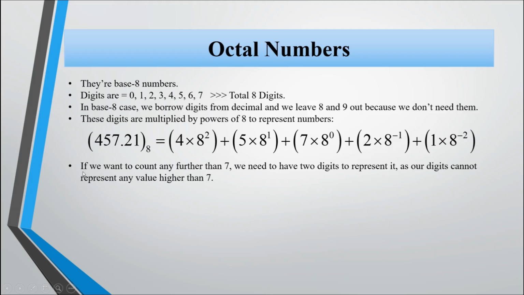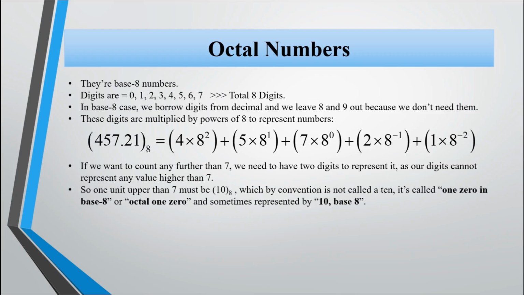So if we start counting, when we reach 7 and want to go 1 unit further, we need to have 2 digits. So 1 unit higher than 7 must be 10 in base 8, which has the actual value of 8, by the way, but it's shown as 10 because we are in base 8.